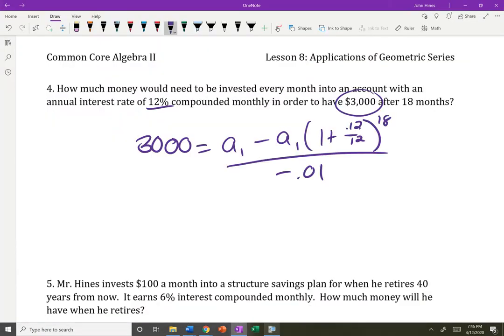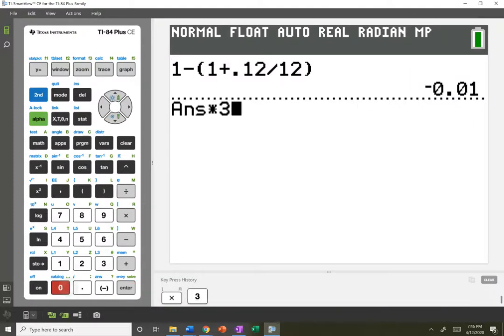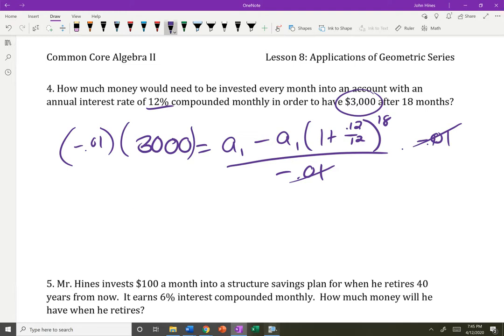So to solve this, I'm going to multiply both sides by negative 0.01. So I need to do 3,000 times negative 0.01, which gives me negative 30. So negative 30, and I'm going to factor out that A1 there. 1 minus 1 plus 0.12 over 12 to the 18.